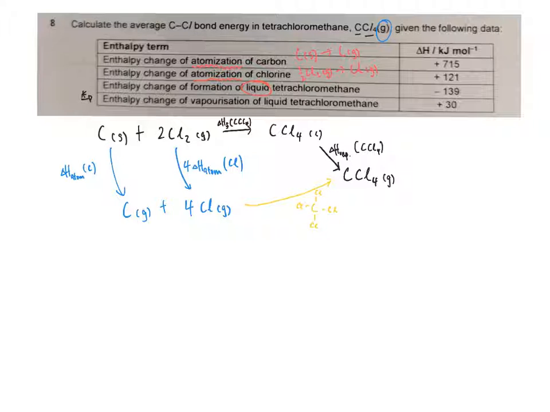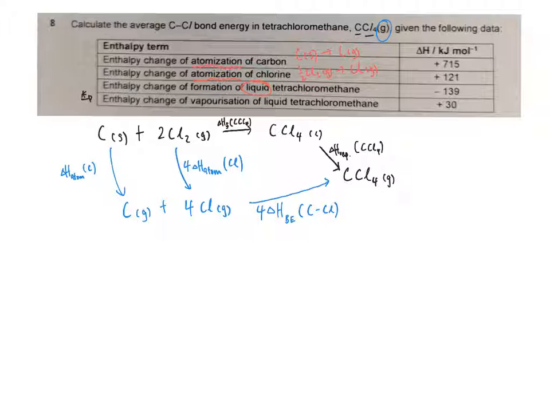You have a bunch of carbon atoms, you have a bunch of chlorine atoms, put them together in a ratio of 1:4 respectively, and you're going to form 4 CCl bonds. In other words, I could really just write this bit out as 4 times delta H, the bond energy for the CCl bond.